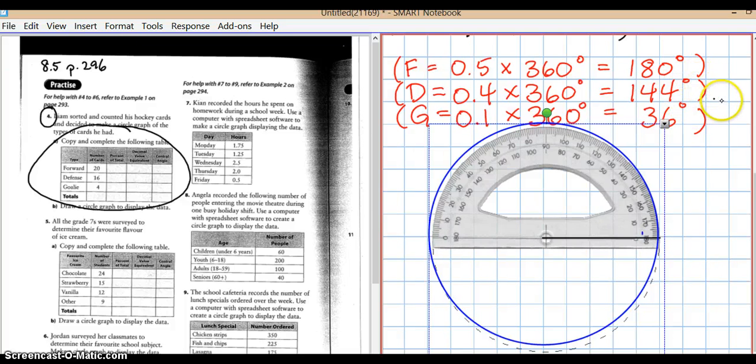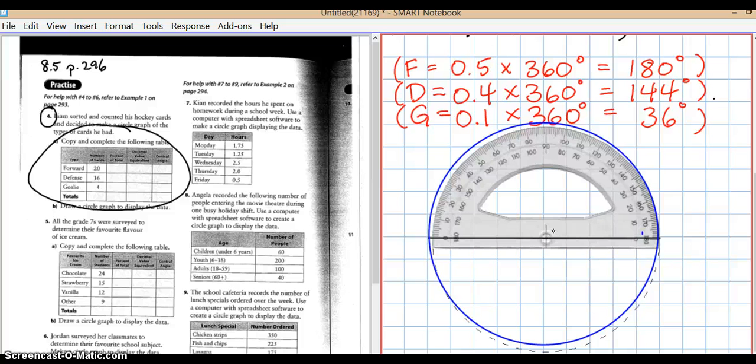What I'm going to draw first is actually pretty easy, because our forward angle is 180 degrees. Again, 180 degrees represents the section of the number of forward cards he has. It's actually half the circle already, so that makes it pretty easy. You just have to extend your radius so you have the diameter, which is awesome.